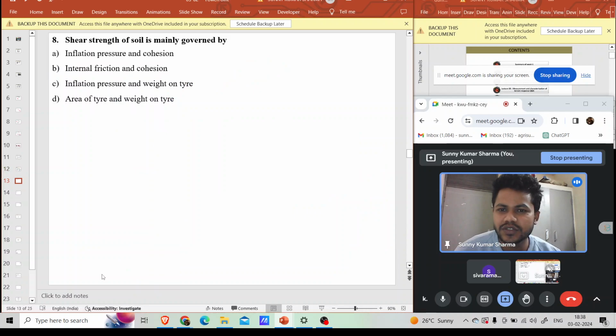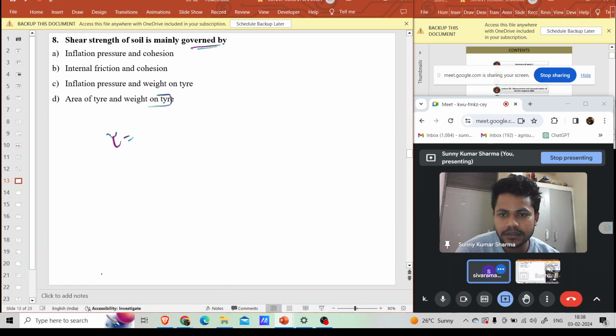This question is very easy also, but tricky. Shear strength of soil is mainly governed by which two parameters? This is option D, sir.